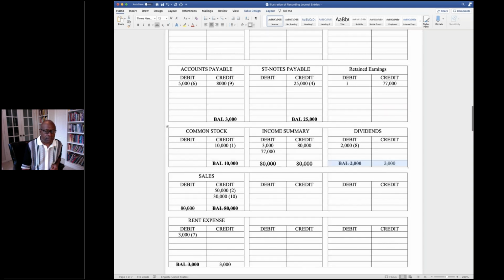And we're going to debit retained earnings for $2,000. And this will give us a balance in the retained earnings account of $75,000. So you can see once the closing entries are made, we then are able to get the balances. We get a balance for the retained earnings account.